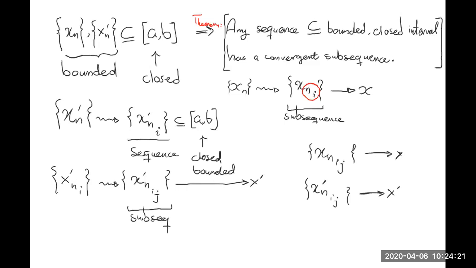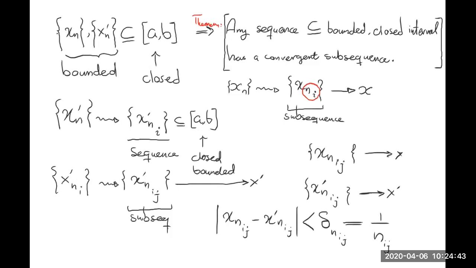We know that for the elements of these two sequences, their difference is less than delta of this specific index, which is n_{i_j} here. And we took this number to be 1 over n.